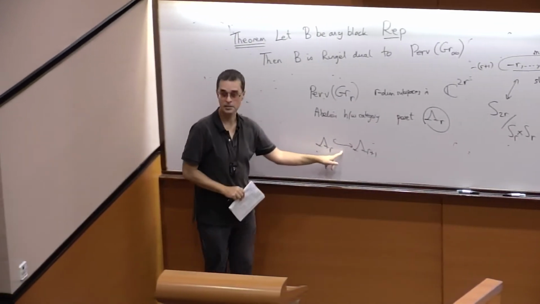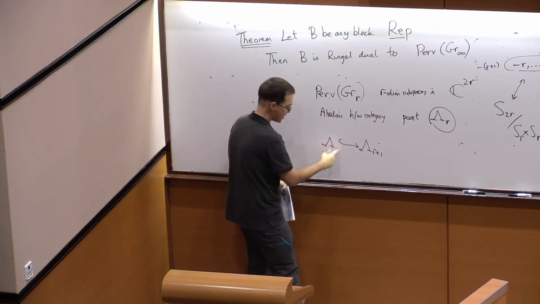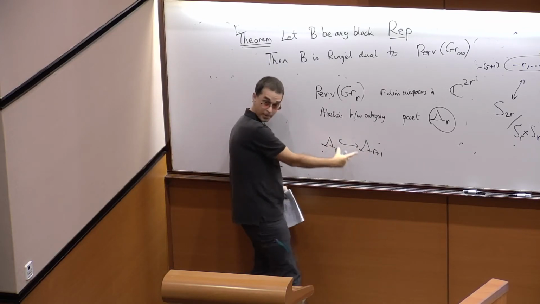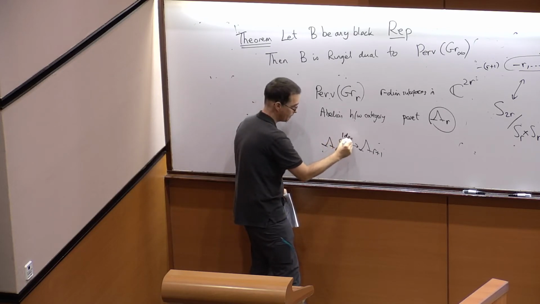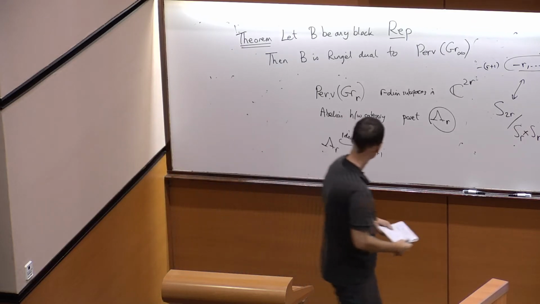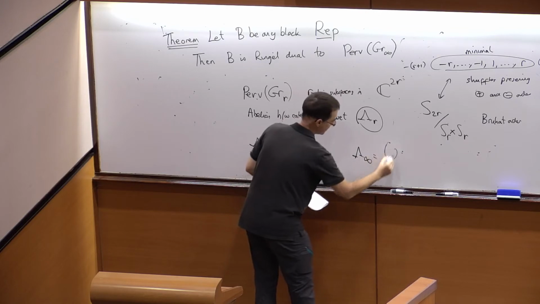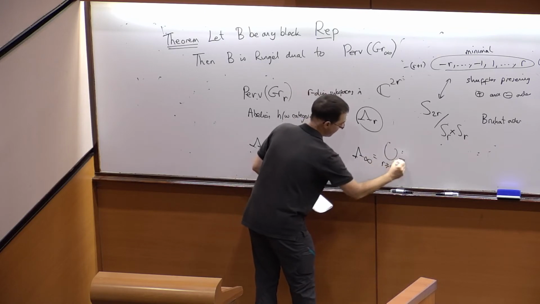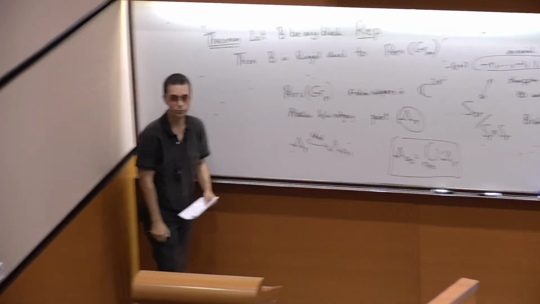This is this embedding of lambda r into lambda r+1. In fact, this is a poset map. This is an ideal in this poset, a lower set in that poset. And then, of course, lambda infinity is going to be just the union of all of those ideals.